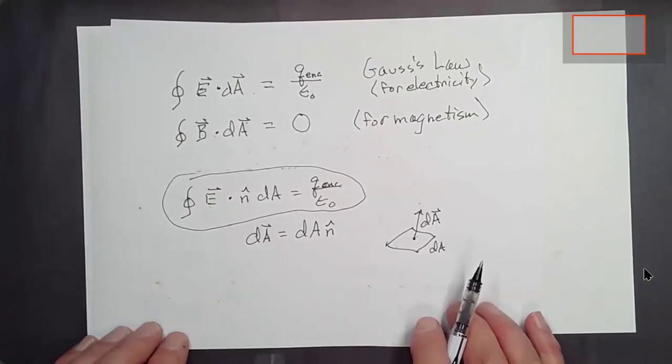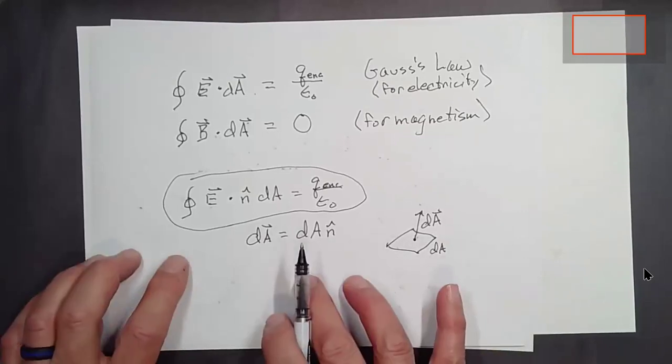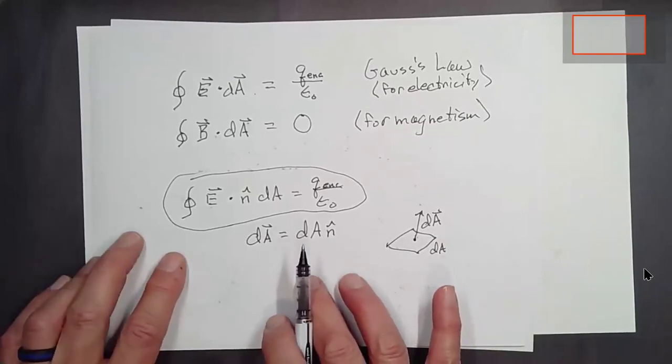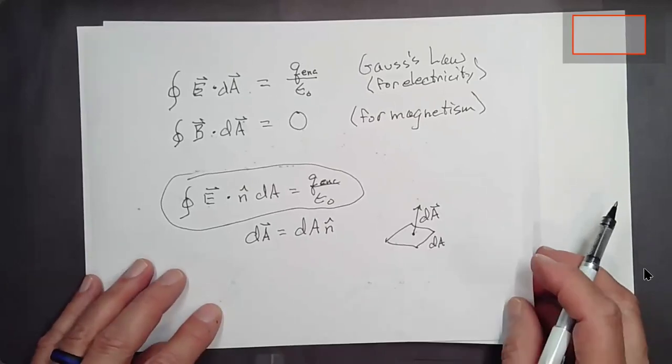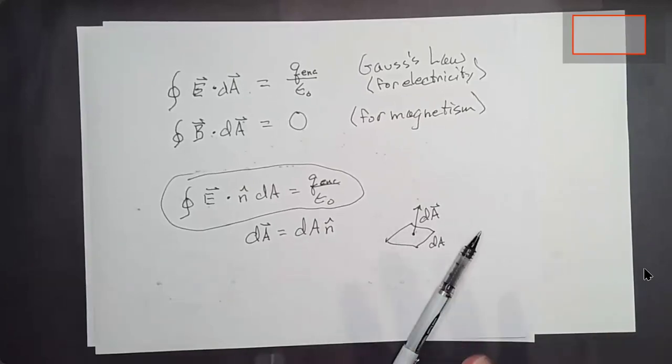So I think I'm going to stop there. And Wednesday we'll deal with some applications of Gauss's law. It turns out Gauss's law is useful for calculating the electric field of certain charge configurations. It's a quick way to get the electric field in those few situations.